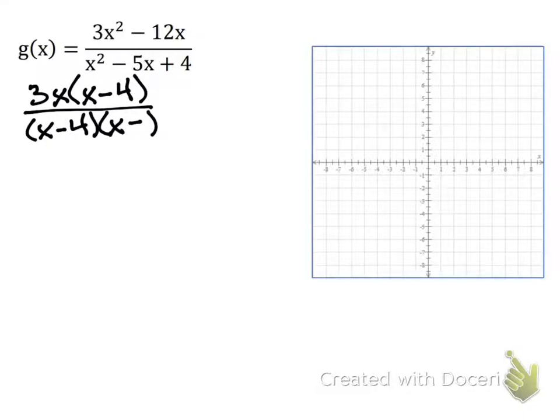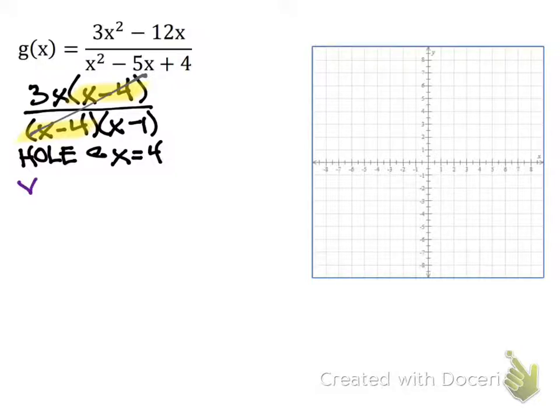So you can see that the x minus 4, those are going to cancel. So that is where my hole occurs. I have a hole at x equals 4. Now that I've identified the hole, I can go ahead and cross out those factors. Oh, I see I didn't put the 1 in those parentheses, and continue normally.